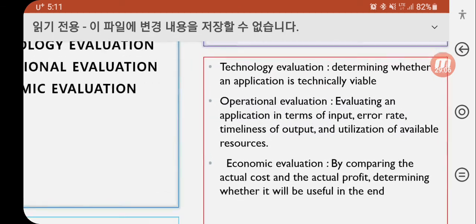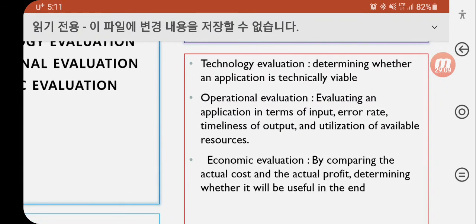Technology evaluation is determining whether an application is technically viable. Operational evaluation is evaluating an application in terms of input, error rate, timeliness of output, and utilization of the available resources.